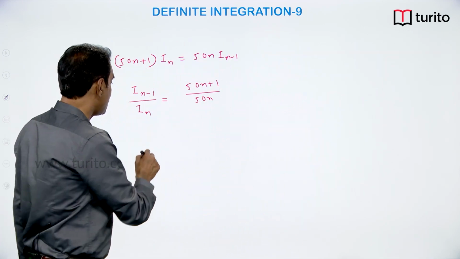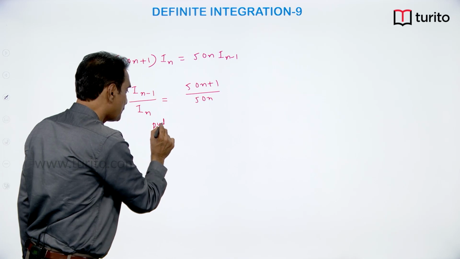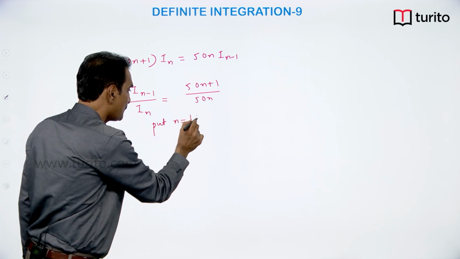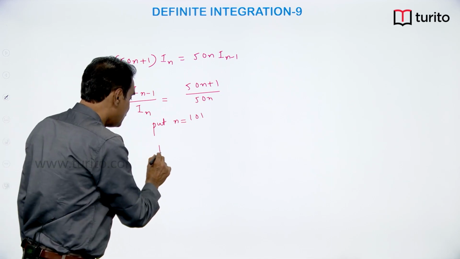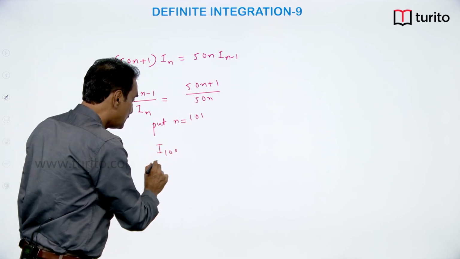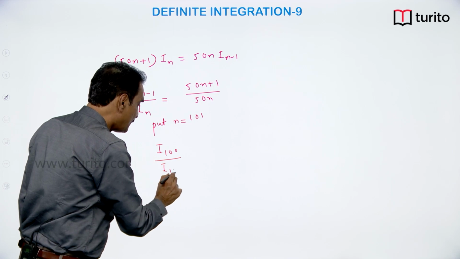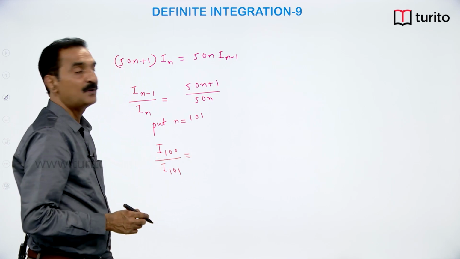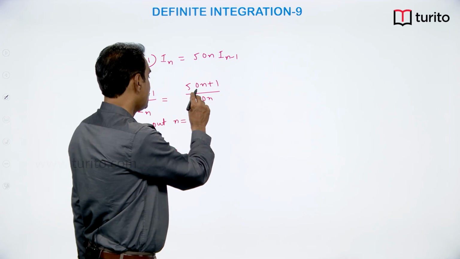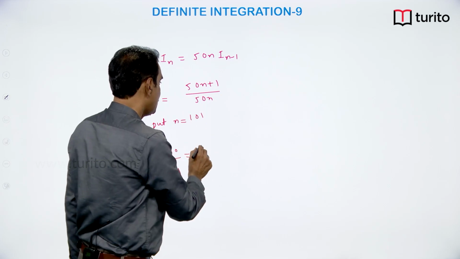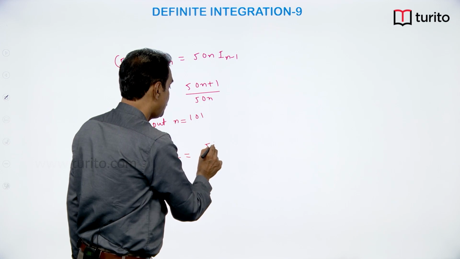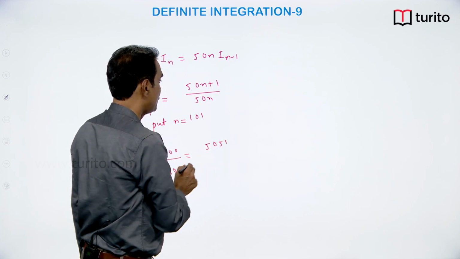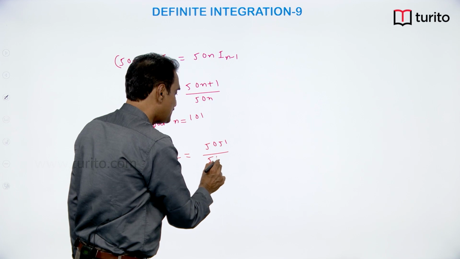Putting n is equal to 101, you will get I_100 by I_101 is equal to, substituting 101, numerator will be 5051, denominator will be 5050.